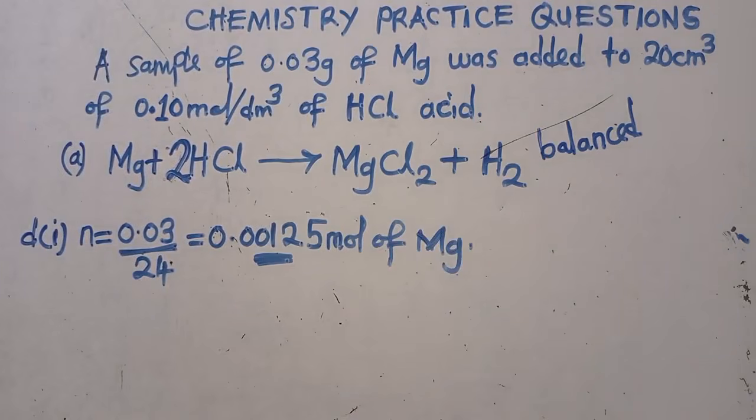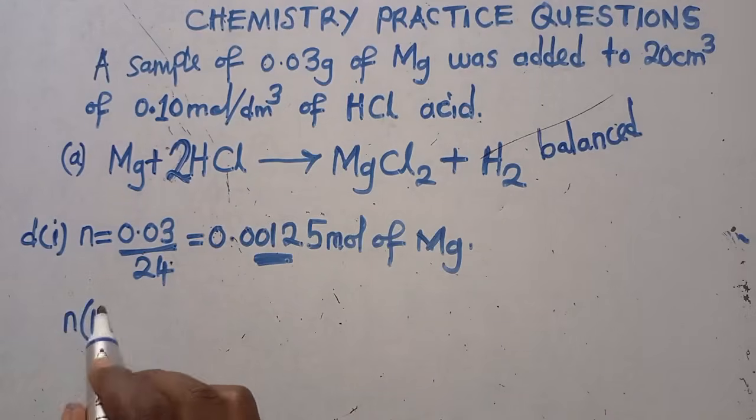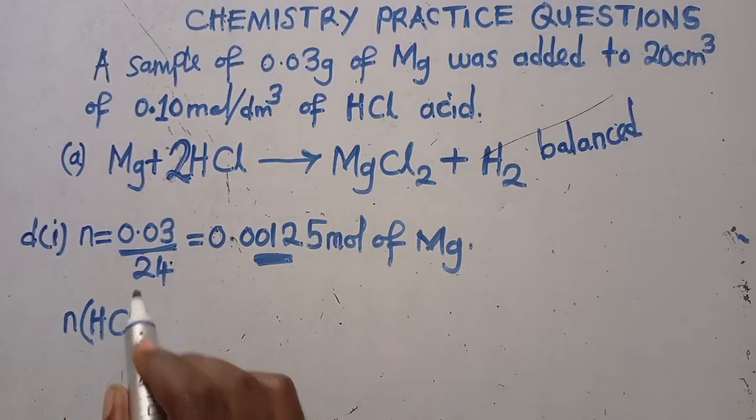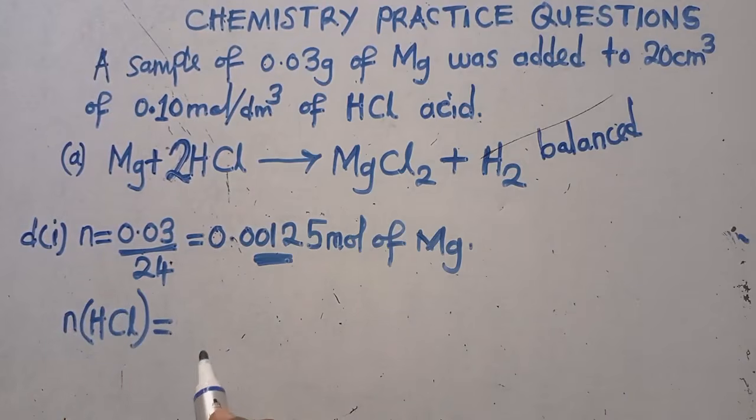Then we move to the next one, hydrochloric acid. Number of moles for hydrochloric acid. We can use the formula concentration times volume to come up with the number of moles.